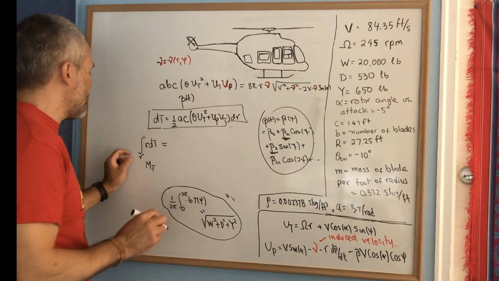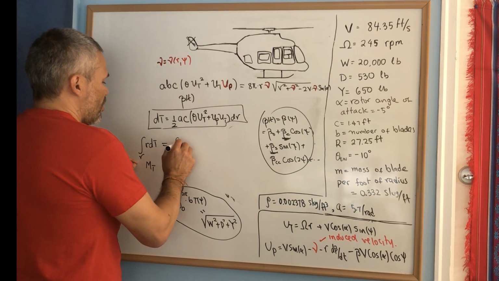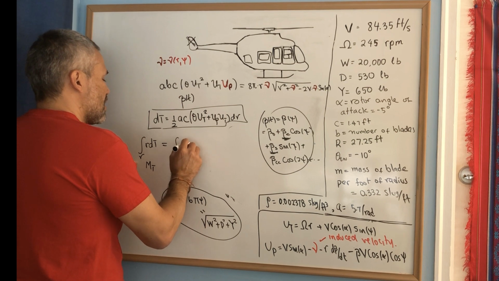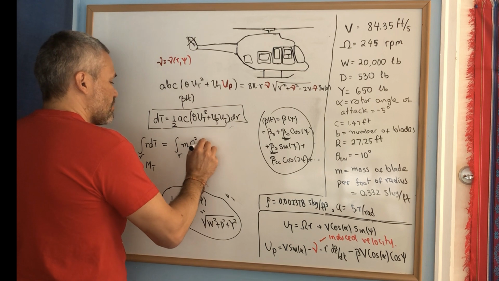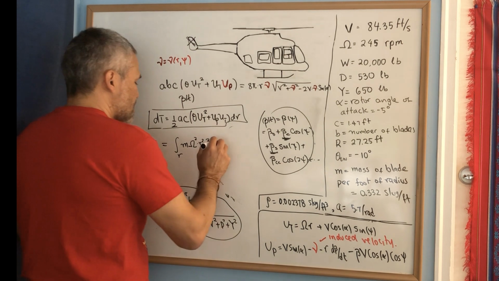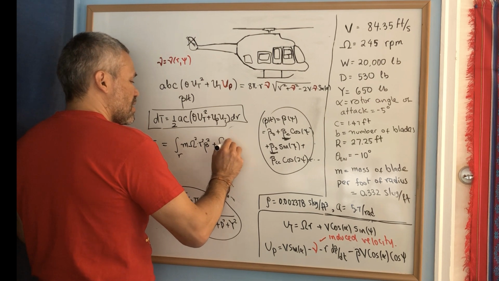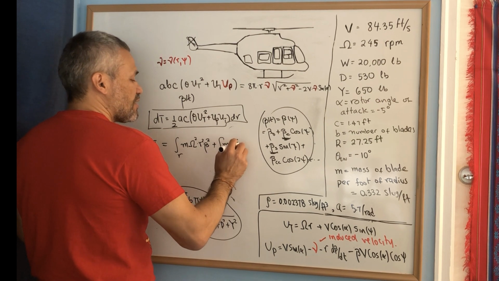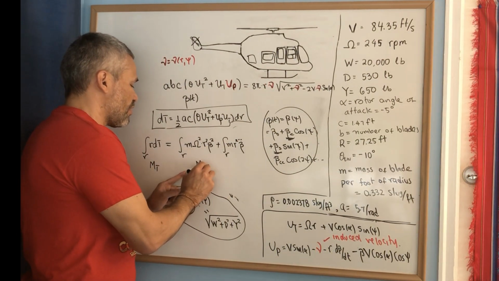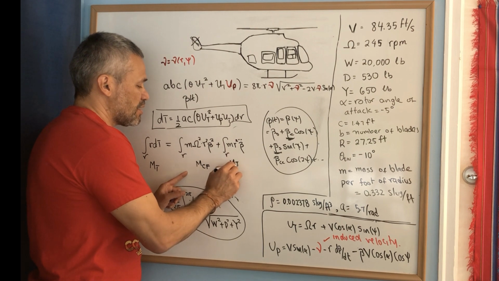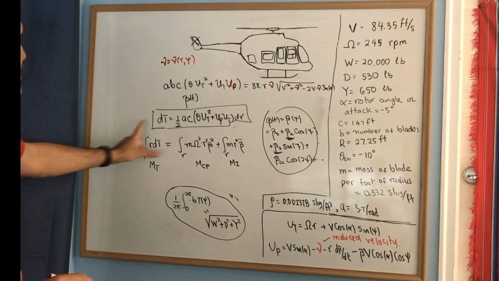We want this moment to be equal to the integral with respect to r of m times omega squared times r squared times beta, plus the integral with respect to r of m times r squared times the second derivative of beta. This is the moment of the centrifugal force, and this is the moment of inertia of the blade. We want to balance the moments, and then we want this to be true.